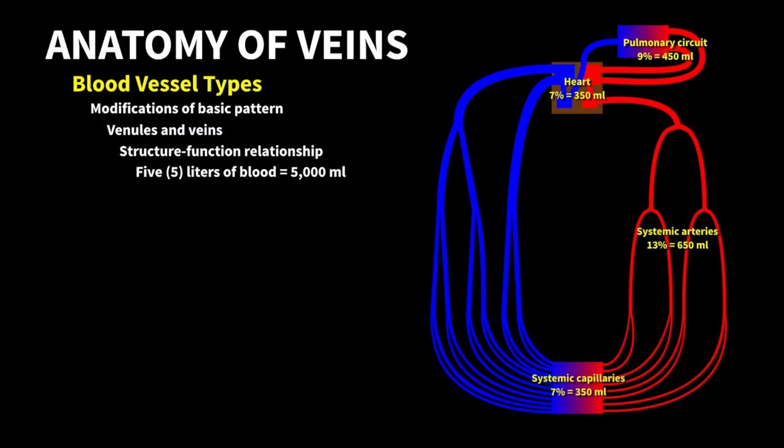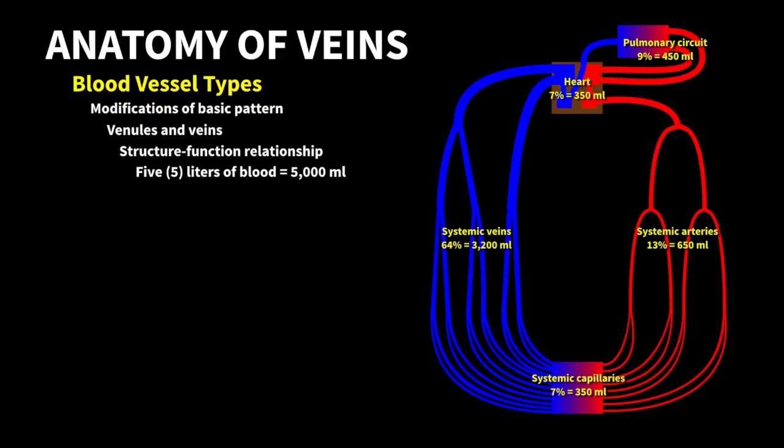7%, or 350 milliliters, is in the systemic capillaries, and an amazing 64%, or 3,200 milliliters of blood, is in the systemic veins and venules. So we see that the large volume, thin-walled veins become the storage reservoir for the blood in the body.